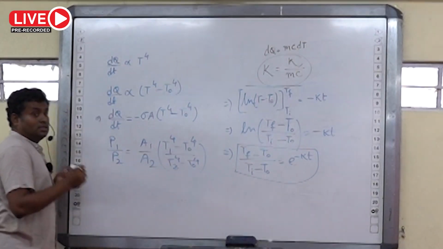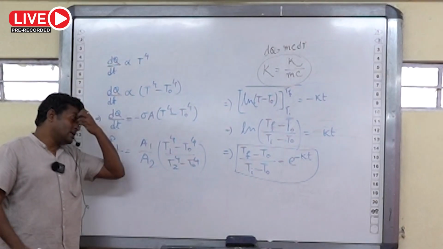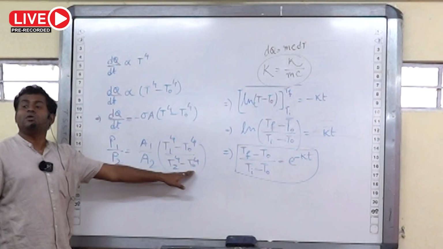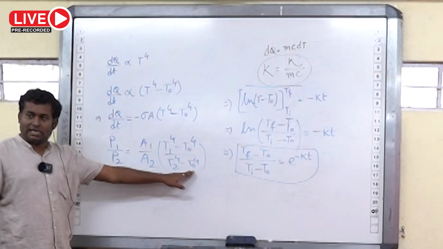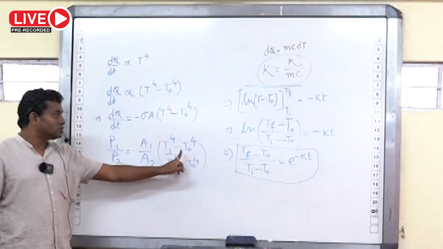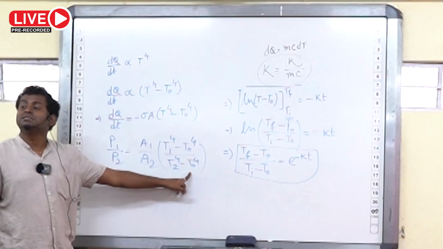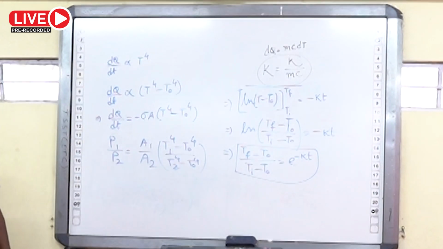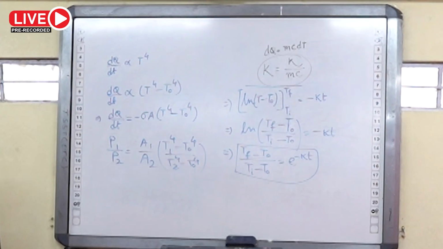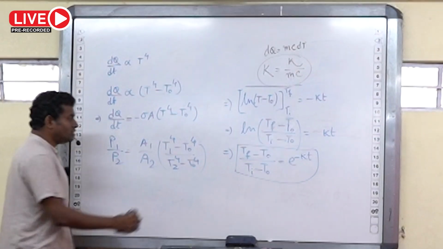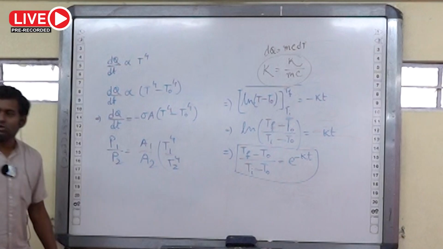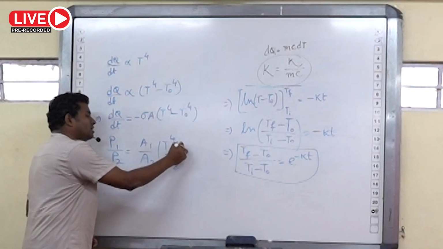And the law is given by considering the initial law, irrespective of the surrounding temperature, that is in the question. So T naught you can put to be 0 for the calculation, since it is given that the radiation is considered irrespective of the surrounding temperature. So you can skip this term and write this as T1 to the power 4 by T2 to the power 4.